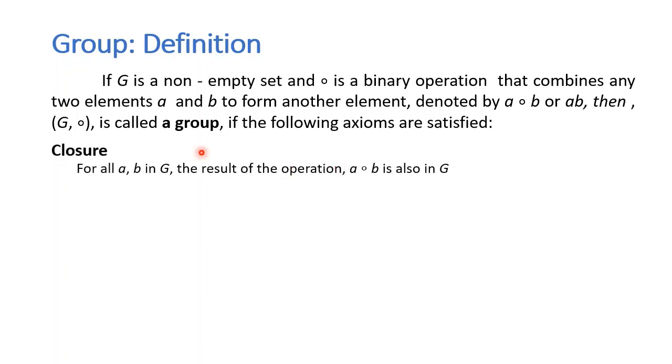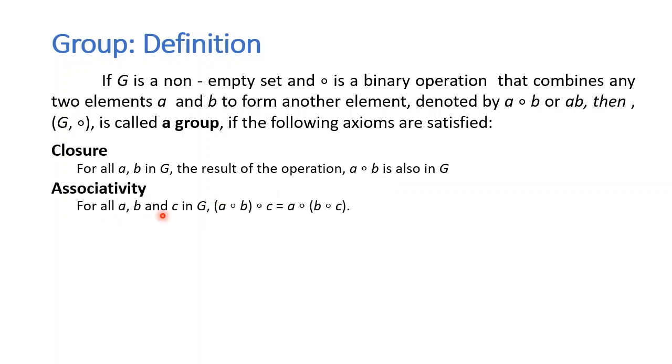First one, closure. That is, you take any two elements in G and operate this operation dot on A and B. That resultant element must belong to this set G. It is called the closure property. So when A and B are in G, A dot B must be in G.